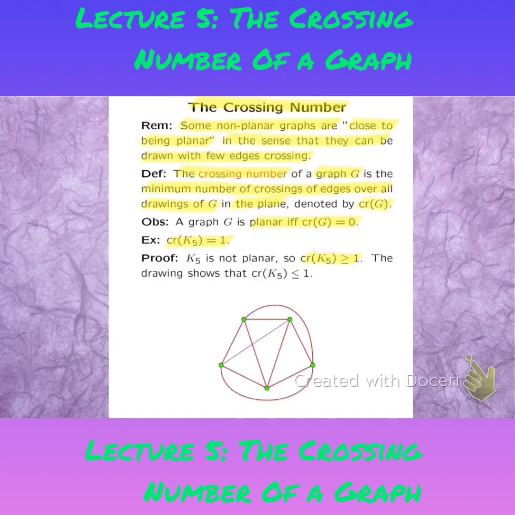It's at most 1 because I can demonstrate a drawing of K5 which has only one crossing, and the drawing there is that drawing there. There's the crossing we're talking about. So it involves finding two inequalities, an upper bound and a lower bound, the upper bound being the same as the lower bound.